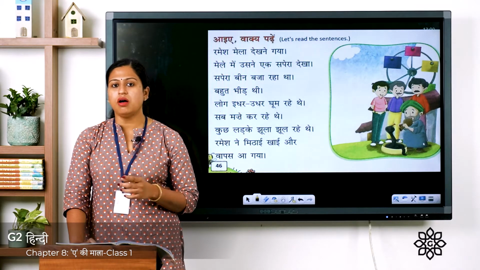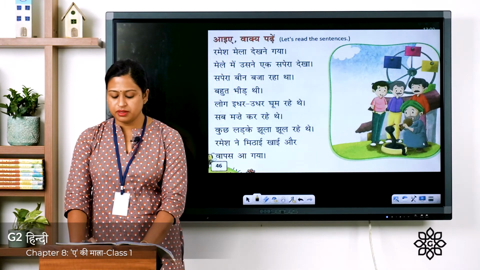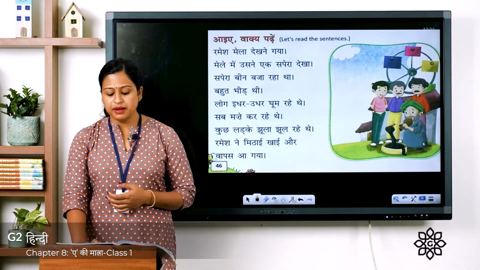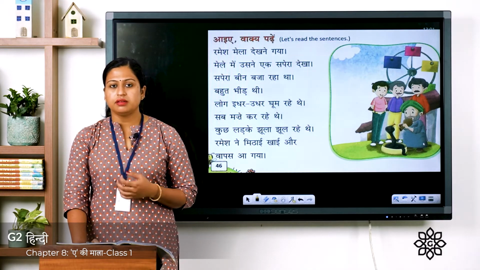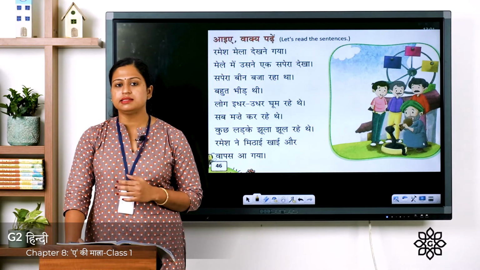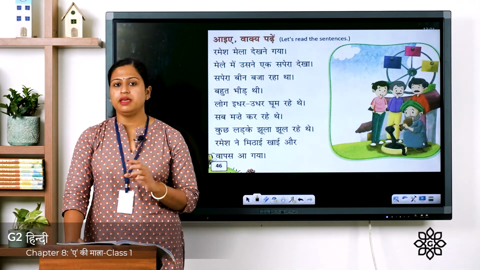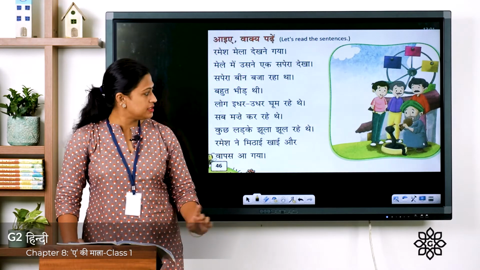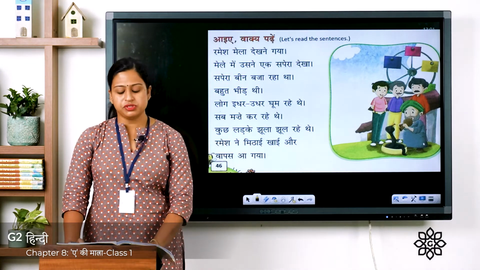So there he saw a snake charmer. Next line, सपेरा बीन बजा रहा था. So bean is a snake bean. So the meaning of this sentence is the snake charmer was playing the snake bean. So you can see that in the picture.